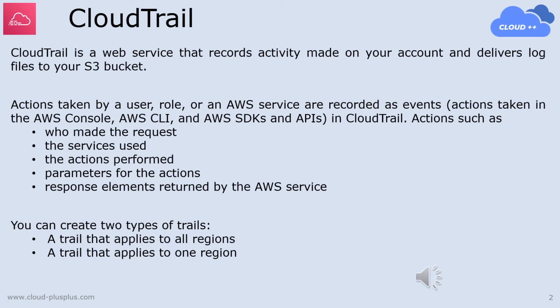You can create multiple trails in a region, with an objective to serve different stakeholders such as security administrators, software developers and IT auditors. For example, a security administrator can create a trail that applies to all regions and configure encryption using one KMS key. A developer can create a trail that applies to one region for troubleshooting operational issues.